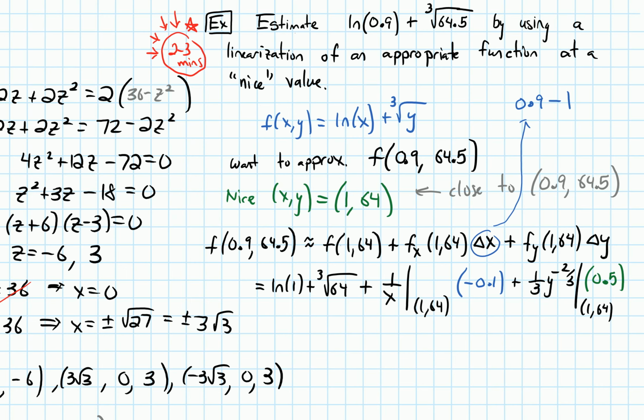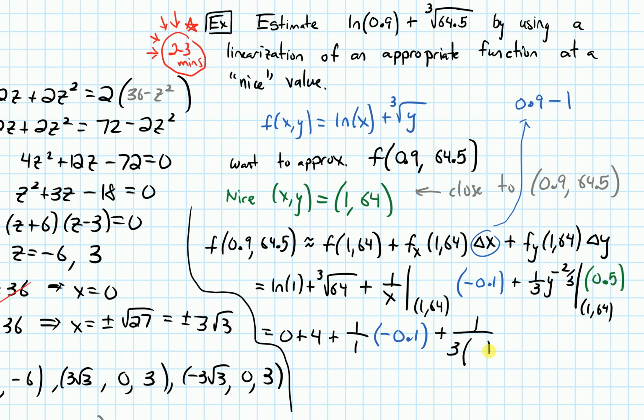Okay, so let's simplify. ln of 1 is 0, and the cube root of 64 is 4. If I plug in 1 for x, I get plus 1 over 1, and there's no y to plug into, that's okay, times negative 0.1. Then I'll have 1 over 3 times y to the 2/3, where y is 64, multiplied by 0.5.